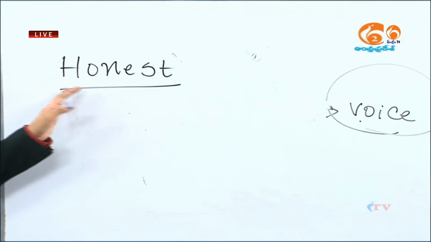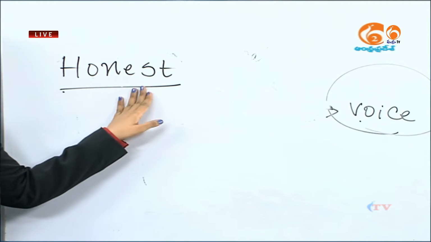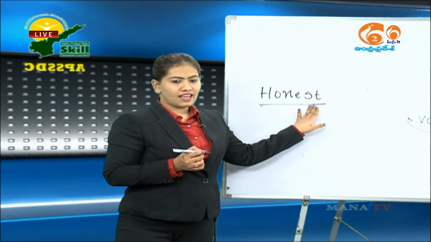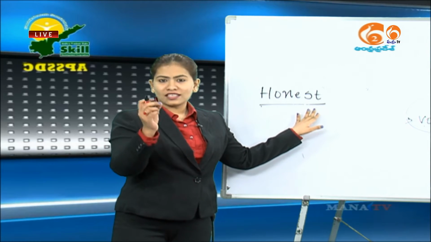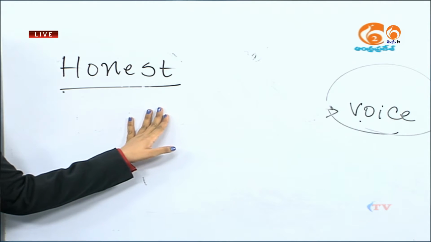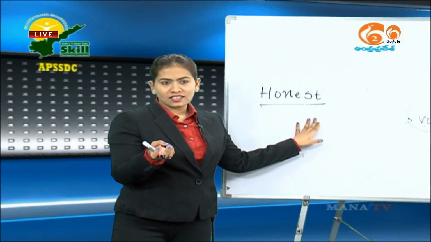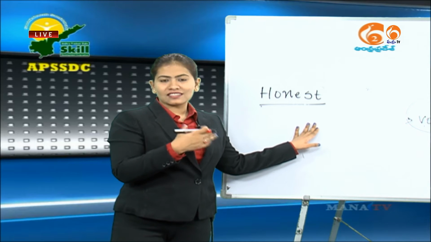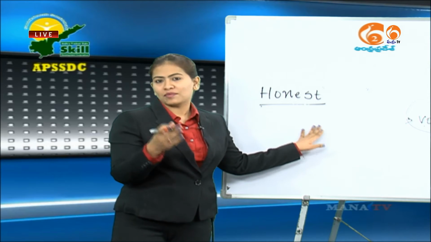So the word starts with H-O-N-E-S-T. I'll give you a moment's time. Go ahead, analyze how it is pronounced, and then we'll get to the solution as to what the right pronunciation is.